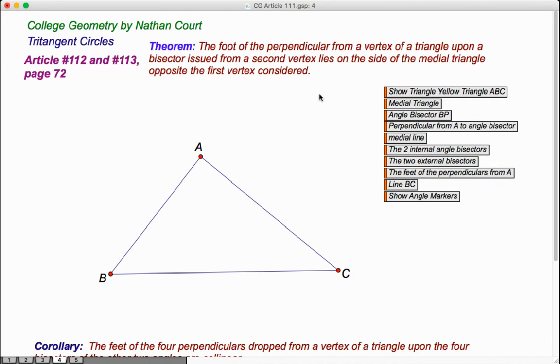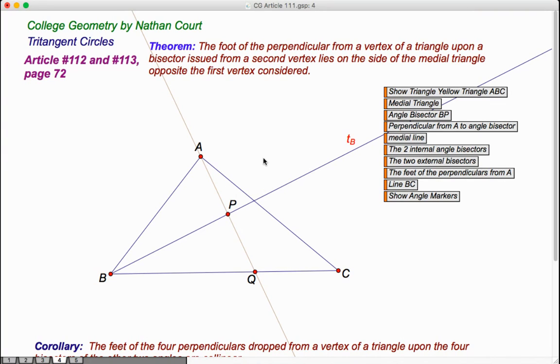The first thing we need to do is consider the angle bisector of angle B, and that's this particular thing. I call it T sub B. Then I need to get the foot of the perpendicular, so let's construct a line perpendicular to the angle bisector and passing through point A. Hence, P is the foot of the perpendicular.